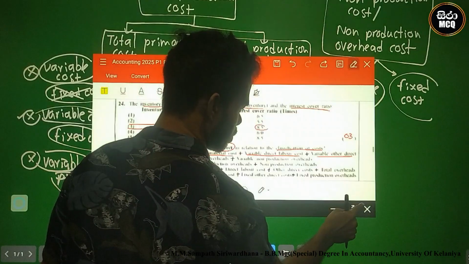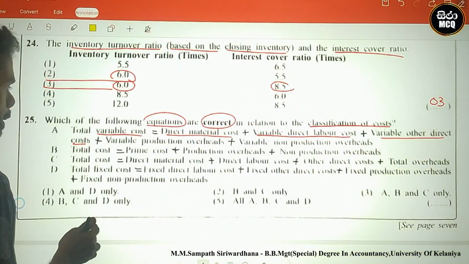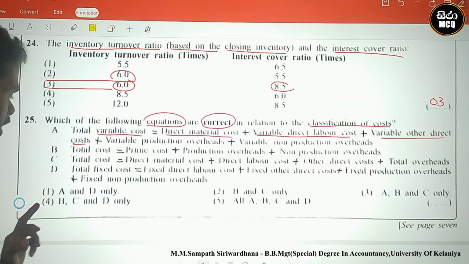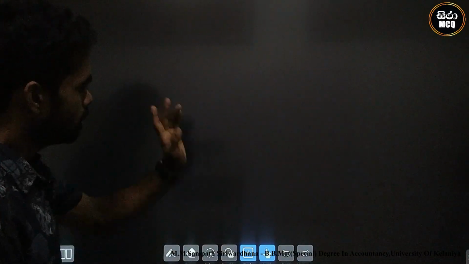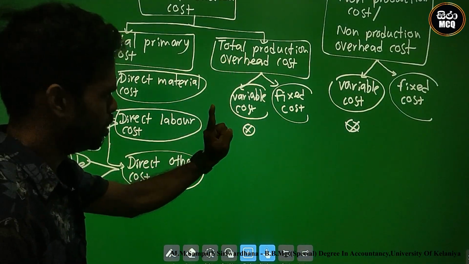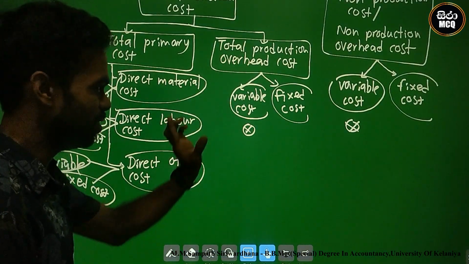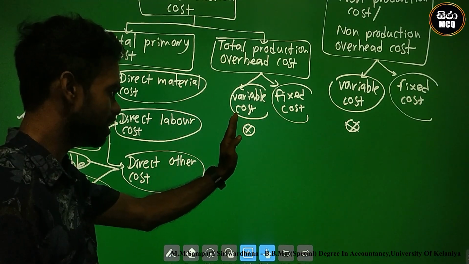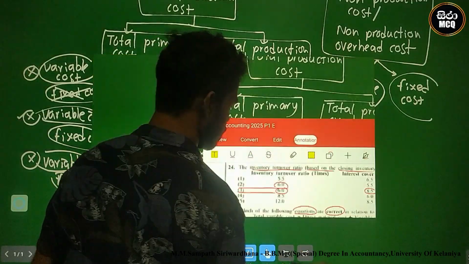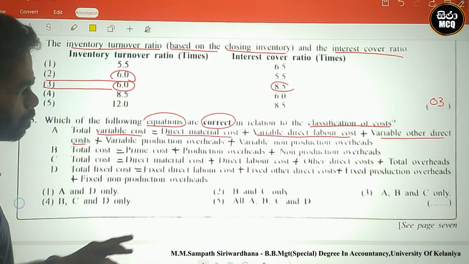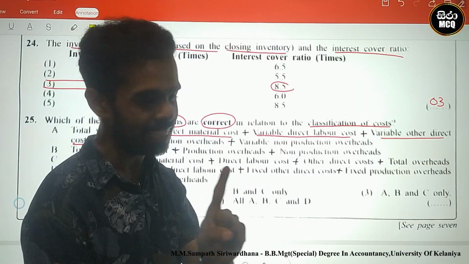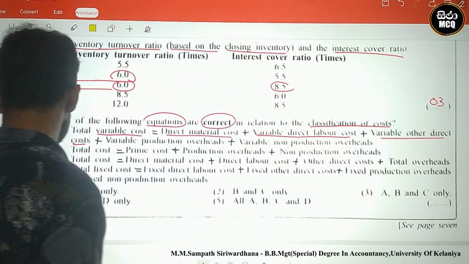The next one, plus variable production overhead, only the variable one. This category is okay. The other thing is variable non-production overhead, only variable non-production overhead.